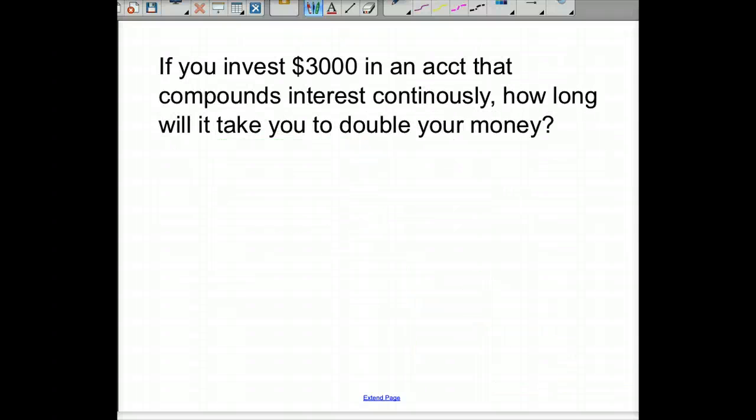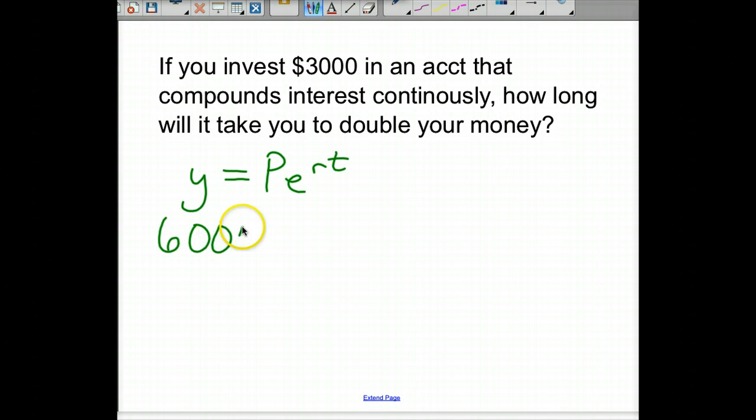So for example, if you invest $3,000 in an account that compounds interest continuously, how long will it take you to double your money? So we want to double our money. So the amount that we want to end up with is $6,000. The initial investment, the principal, was $3,000.